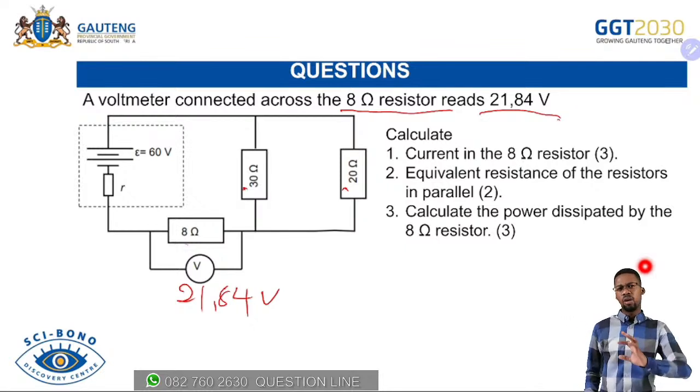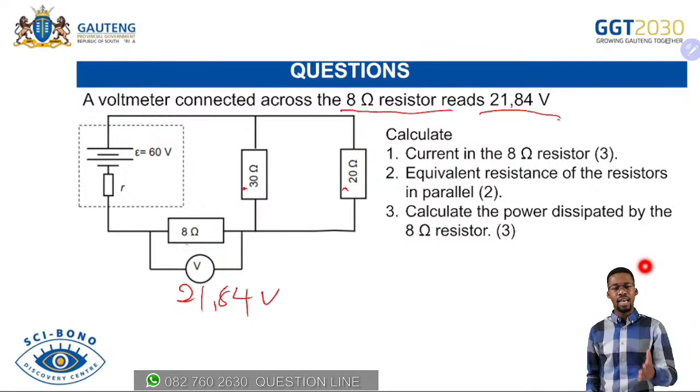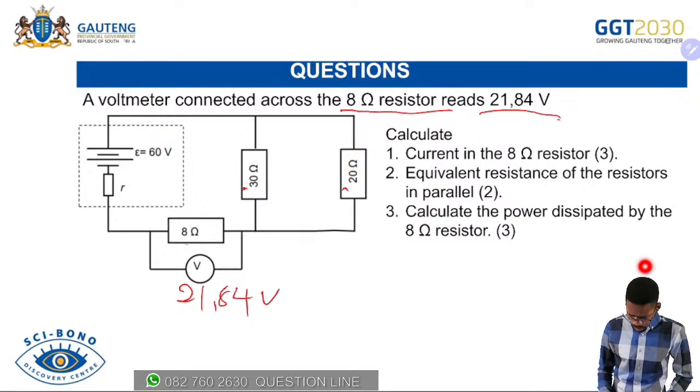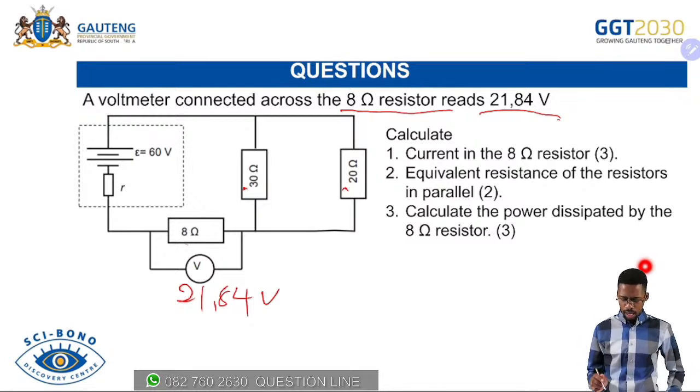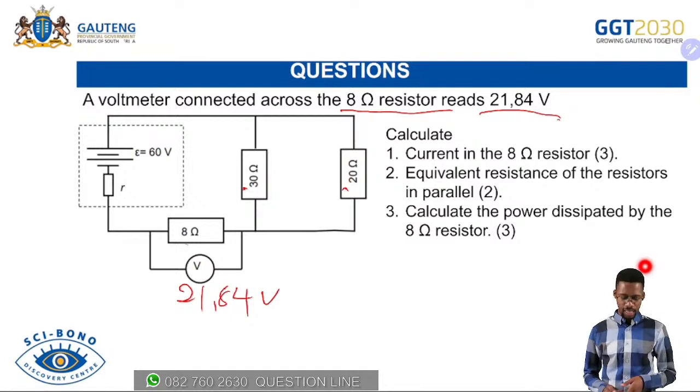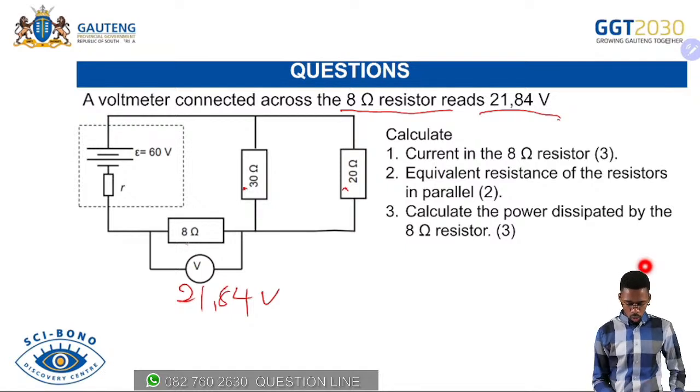It's very important to analyze your diagram, because when you deal with circuits, what's important is to be in a position to analyze your diagram. The circuit diagram should be extensively analyzed. The first question then says, calculate the current in the 8 ohm resistor. We do have the value of R, which is 8 ohm.